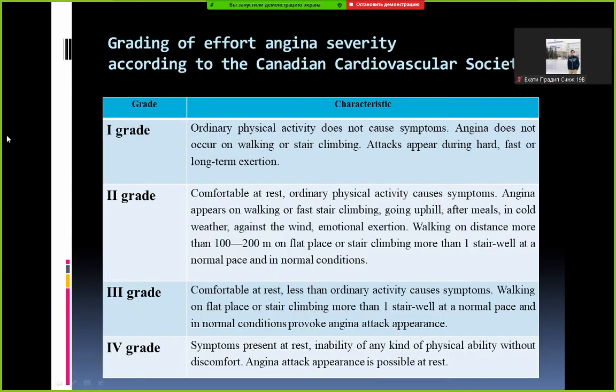So, grading of angina pectoris according to Canadian Cardiovascular Society classification. There are 4 grades of stable angina. The first grade: ordinary physical activity does not cause symptoms, and attacks of angina pectoris appear during hard, fast, or long-term exertion.